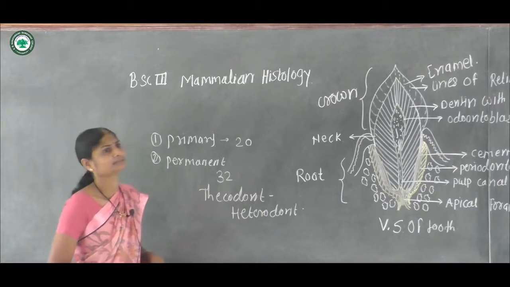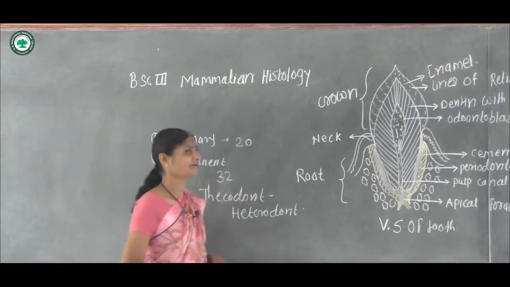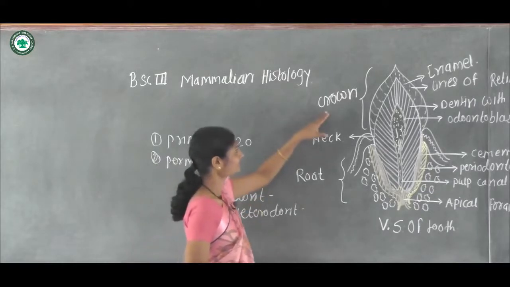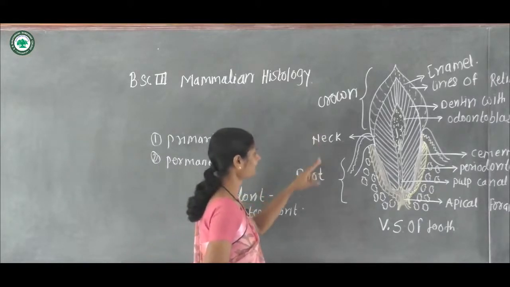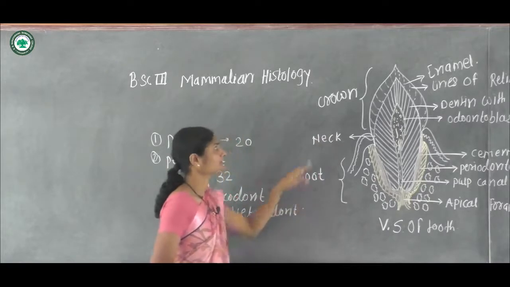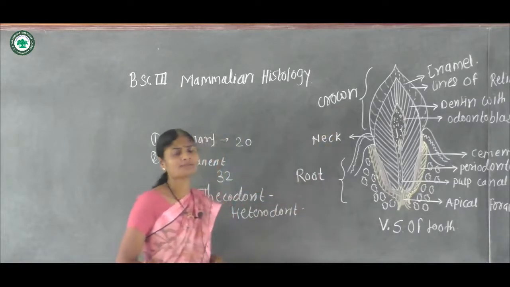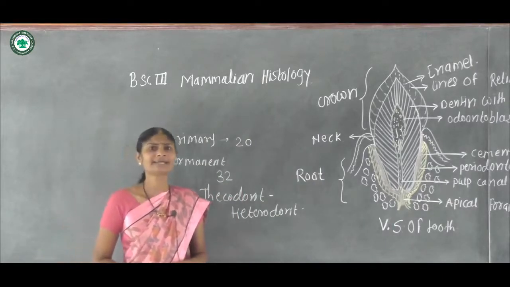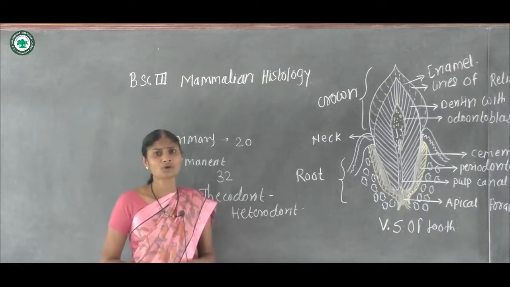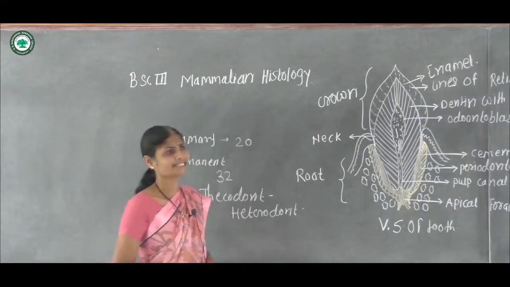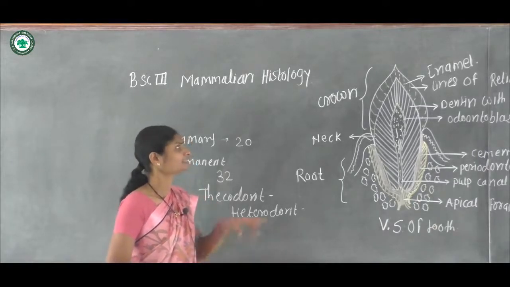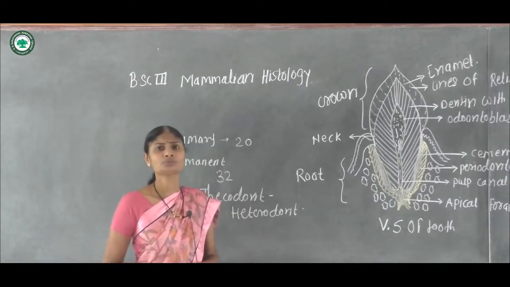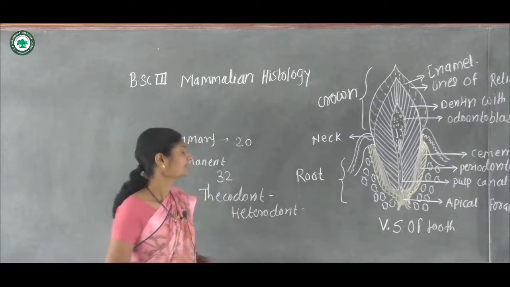The tooth is divided into three main parts: first the crown, second the neck, and third the root. The crown is the visible part, and it is covered by a white glistening substance called enamel. The crown projects into the mouth cavity.